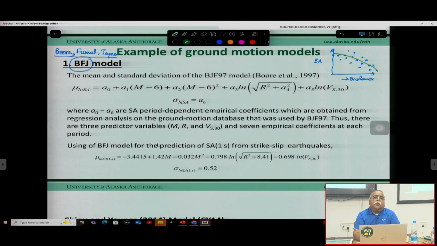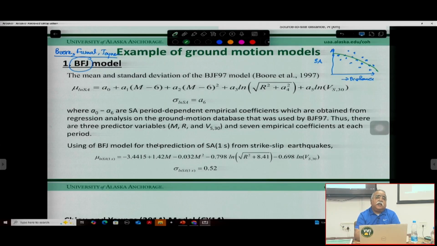Whenever the very first ground motion prediction equation was given, Allen Cornell of Stanford University provided it only with magnitude and distance, right? So only magnitude and distance. With, say, the PGA value with the magnitude and distance, they had established a relation.